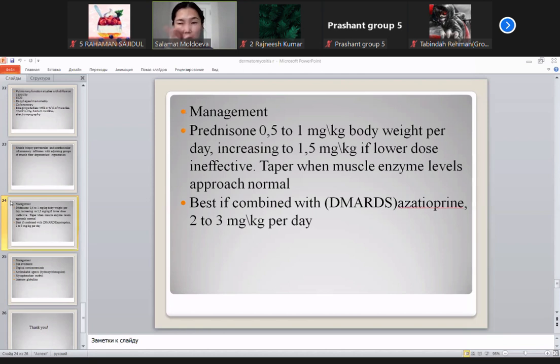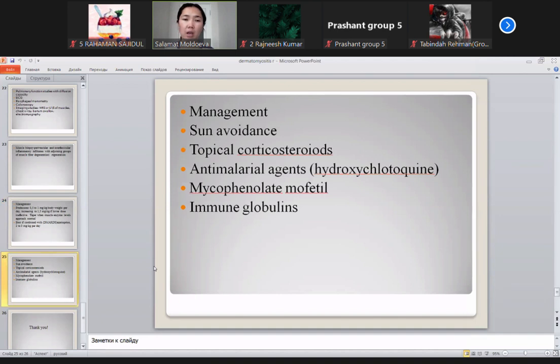Other treatment will be symptomatic: some vitamins for muscles, maybe PPIs, symptomatic treatment for dysphagia, some bronchodilators if there is interstitial lung disease. This symptomatic treatment is always given in patients with rheumatological disease.